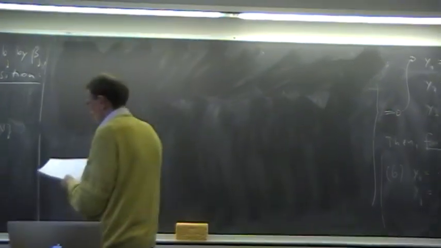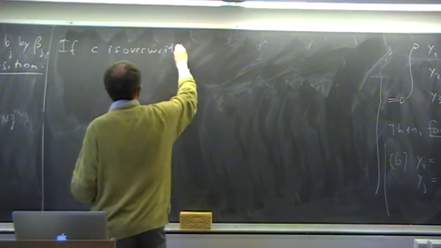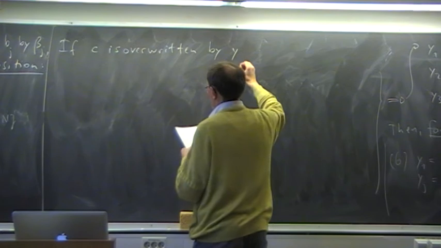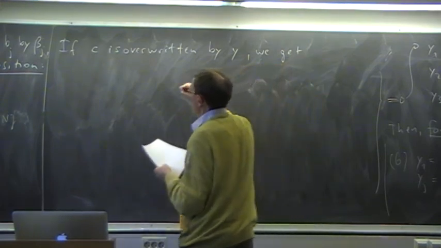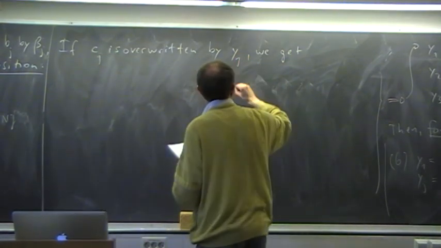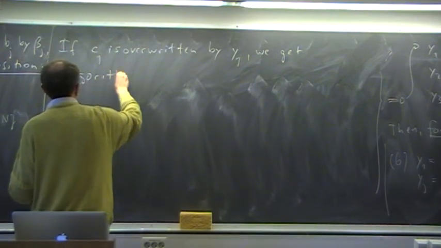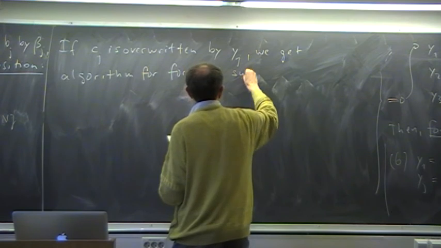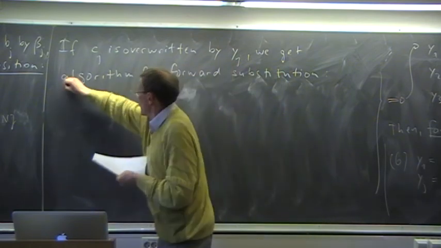So then if the C is overwritten by y, we get, or we could say the cj, we do it step by step, we get the algorithm for the forward substitution. Following.